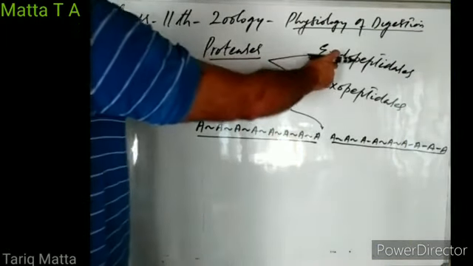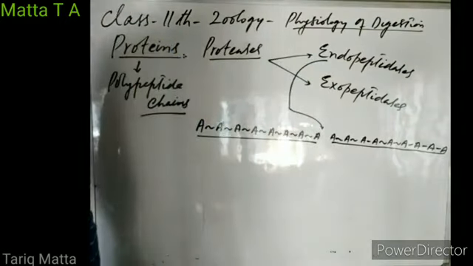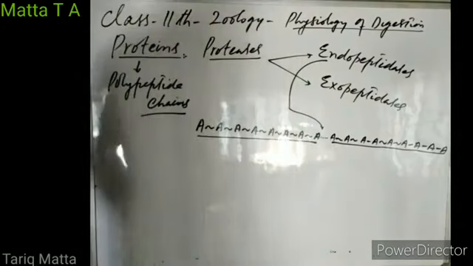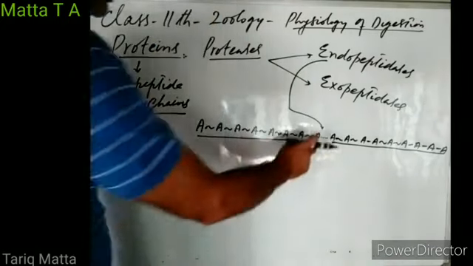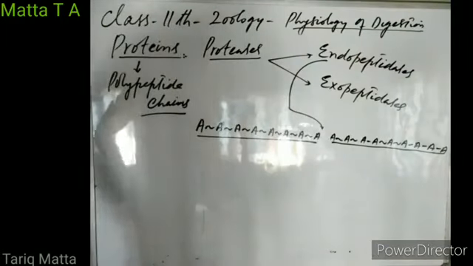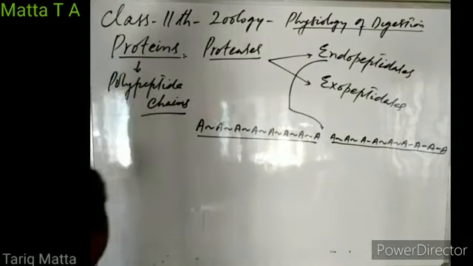So endopeptidases are those protein digesting enzymes which break an internal peptide bond of a long polypeptide chain, and this polypeptide chain is broken into two small fragments.